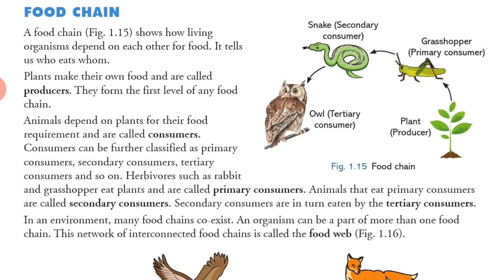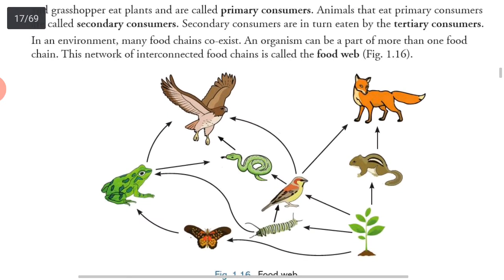In an environment, many food chains can coexist. एक साथ बहुत सारी food chain exist हो सकती हैं. An organism can be a part of more than one food chain. This network of interconnected food chains is called the food web. Many food chains, when combined together, form a food web.